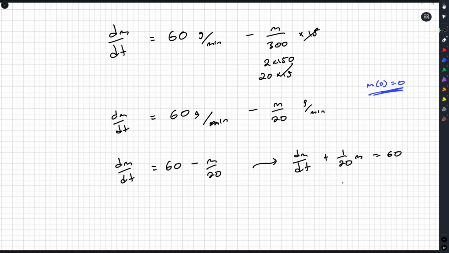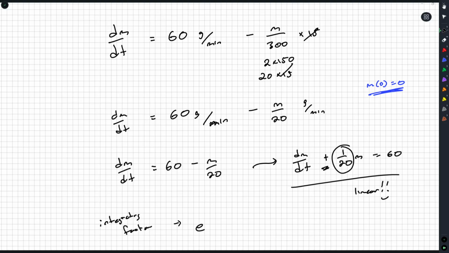So I'll write it in standard form. Okay, so this is linear. Make a note of that. It's linear. Yay. And now we need an integrating factor. It'll be e to some antiderivative of 1 over 20.